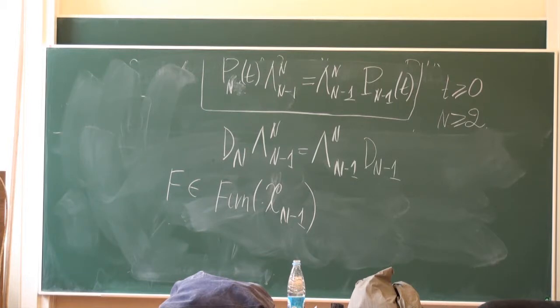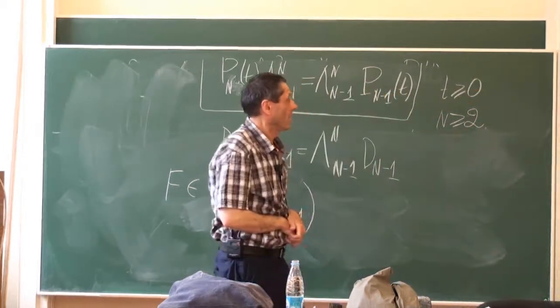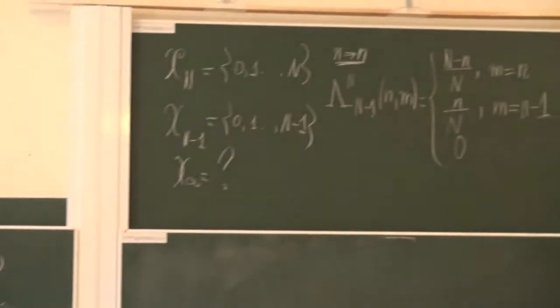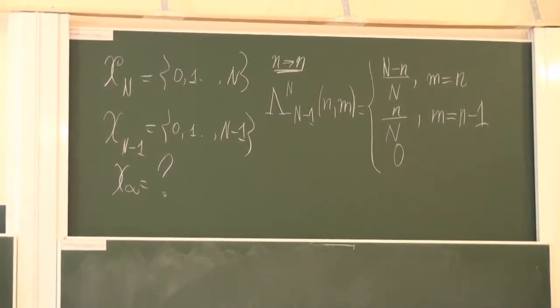I will continue with my toy example. What happens here? I have to specify the semigroup on each set. And again, I will specify this semigroup in terms of some difference operator.